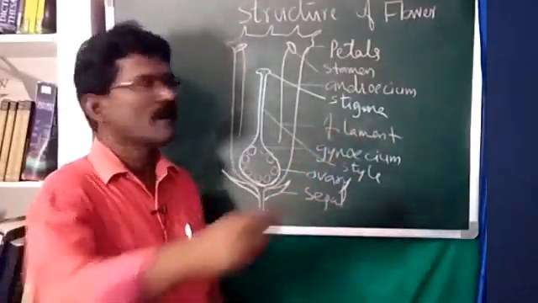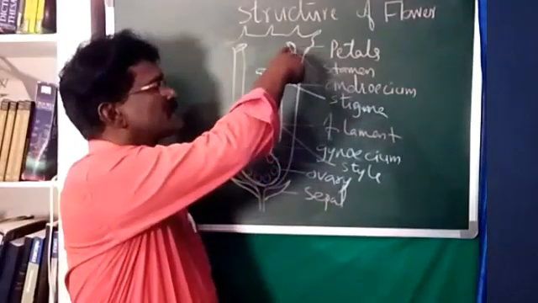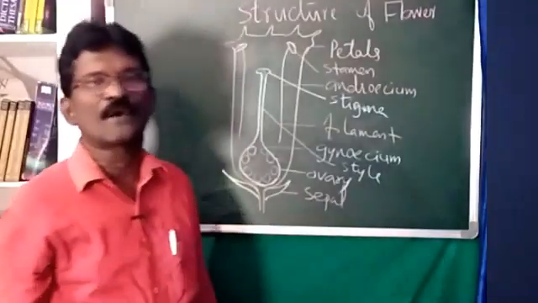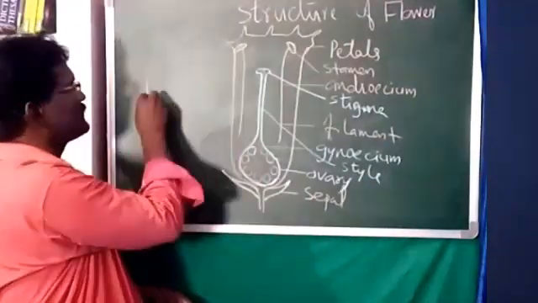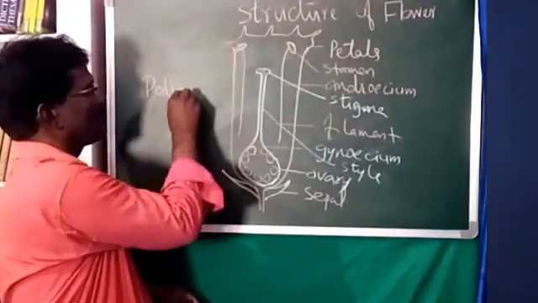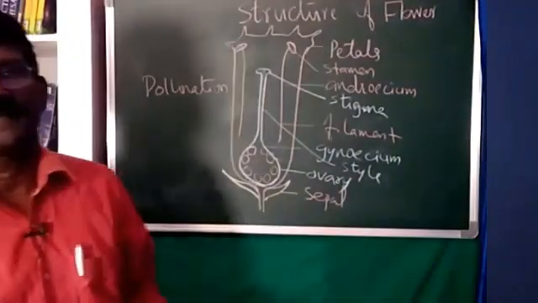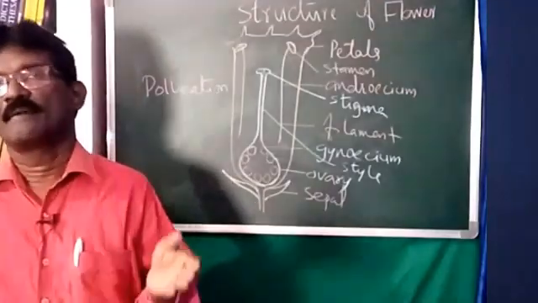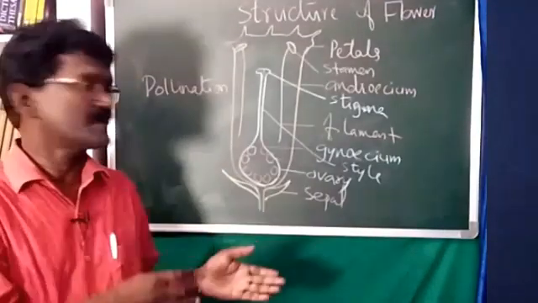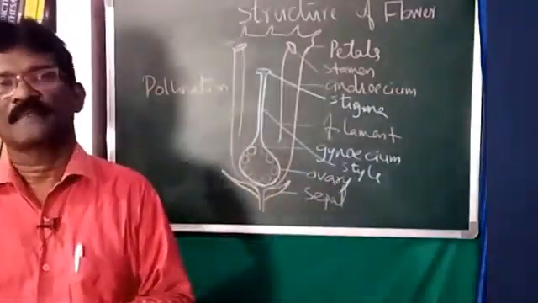The transfer of the pollen grains from the stamen to the stigma is called pollination. So what is pollination? The transfer of the pollen grains from the stamens to the stigma.